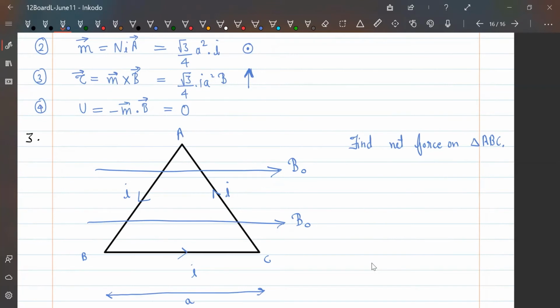Solve this. Okay, first you can calculate the force on, let us say, BC.